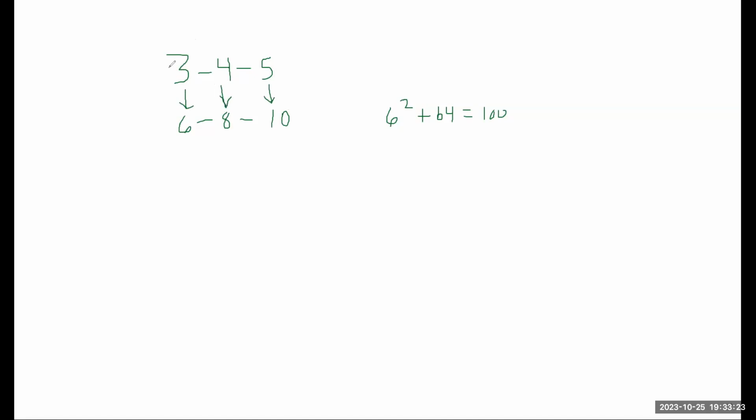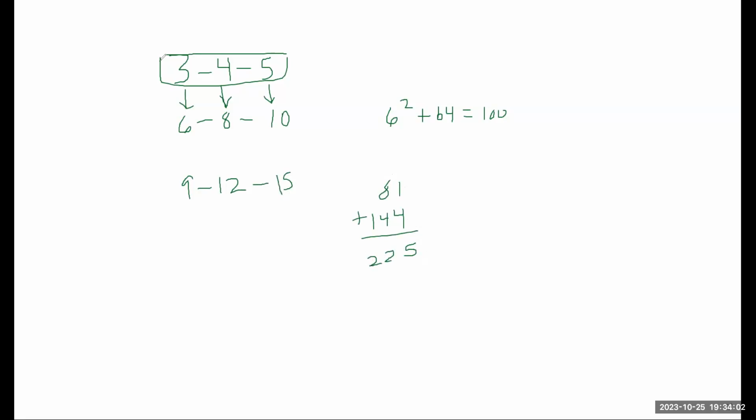If I decided to multiply everything up here by 3, I would have a 9, 12, 15 triple, and it would be a Pythagorean triple because 9 squared plus 12 squared, which I believe you already calculated as 144, equals 15 squared, which is 225.